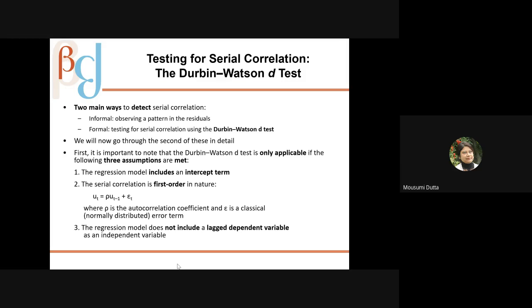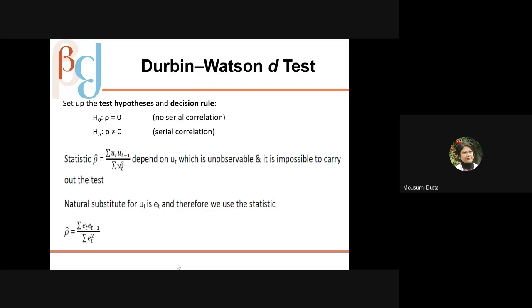If we apply OLS, the value will be summation ut ut minus 1 divided by summation ut minus 1 square. Just like summation yt xt divided by summation xt square, that kind of thing. So that can be the natural estimate.